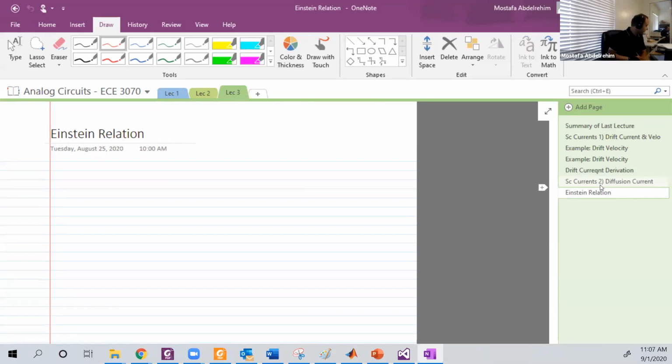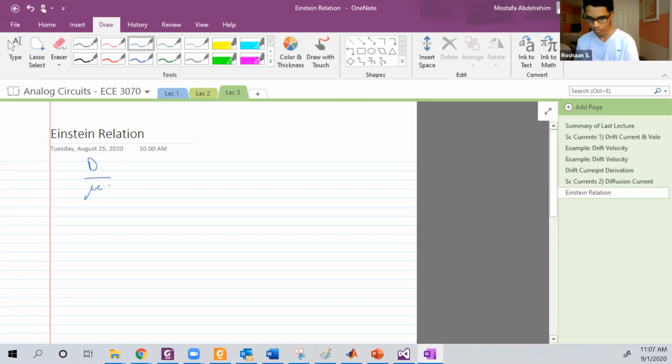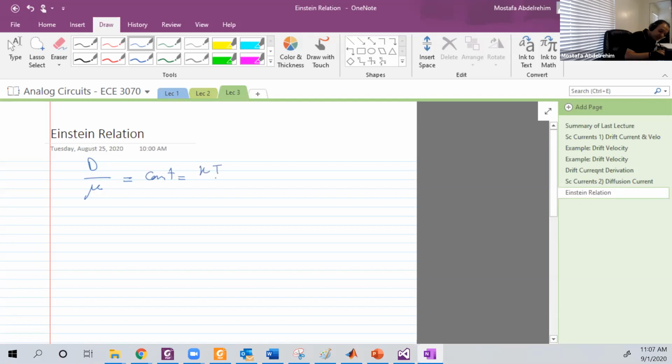And he discovered this very interesting relation that D over mu equals a constant, which is KT over Q. This is a very useful relation. It's called the Einstein relation that relates two completely different phenomena to each other.